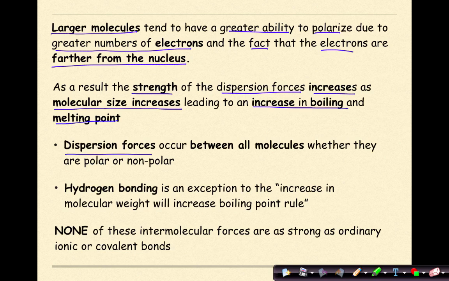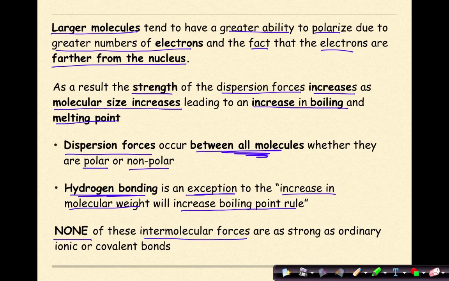Dispersion forces occur between all molecules, whether they are polar or nonpolar. Hydrogen bonding is an exception to the rule that an increase in molecular weight will increase the boiling point, and none of these intermolecular forces are as strong as ordinary ionic or covalent bonds, otherwise classified as intramolecular forces.